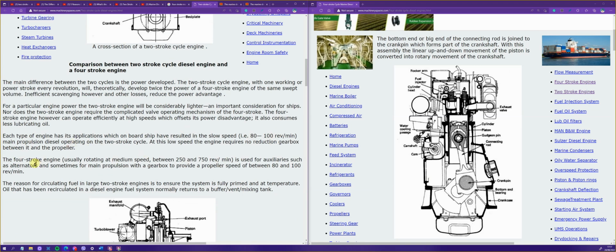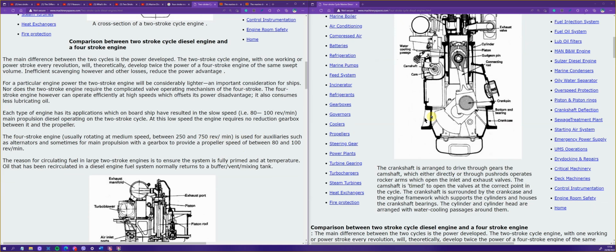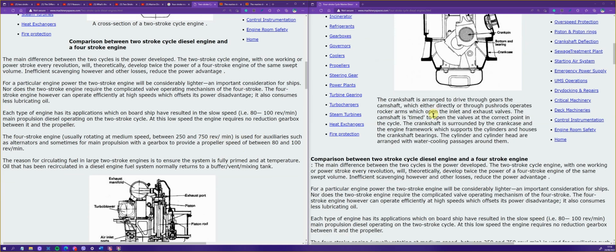Yung 4-stroke mo na medium speed, that is 250 to 750. Ang medium speed pa rin ang generator mo, so hanggang 900 dapat yan. Pag pumalo ka na ng 1,000 pataas, high speed na yan. Yun na yung ginagamit sa mga sasakyan.